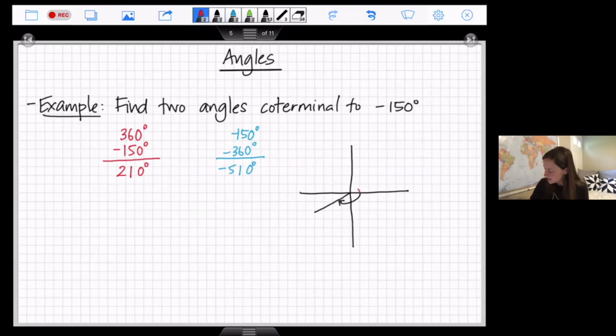That actually makes sense because it's positive, and a little bit more than 180. 210 is a little more than 180. The negative angle is the angle that goes negative 150 and then another negative full revolution. That's negative 510. Okay, so you don't need to graph these to find coterminal angles. You can just add or subtract 360 degrees as many times as you want.